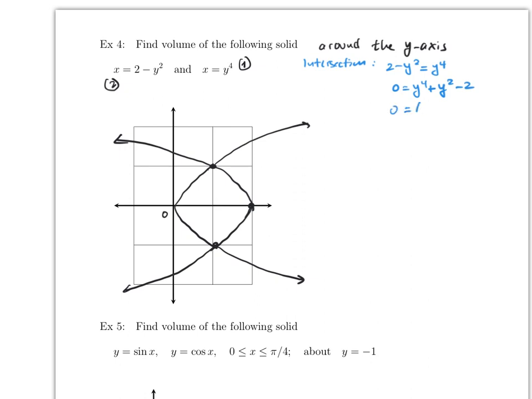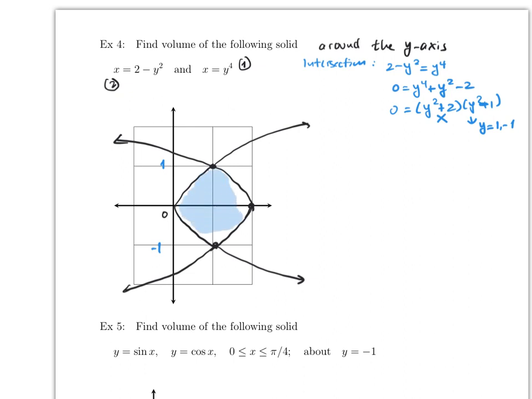Then you can factor this as y squared plus 2 and y squared minus 1. Notice that the first one has no solution, and the answer to the other is y equals 1 and negative 1, which is here, 1 and negative 1, so that's where they intersect. All right, so this is the area that you want.